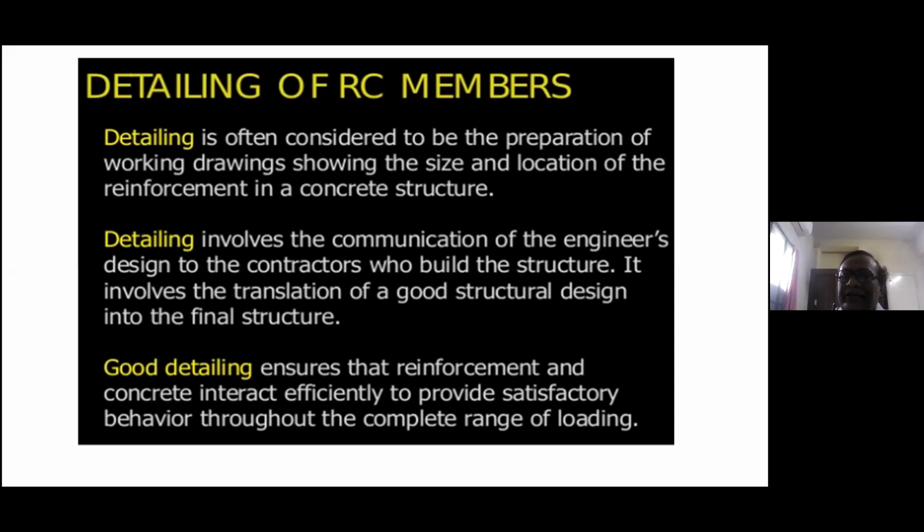That itself indicates the steel is capable of resisting compressive forces also. So steel is strong in resisting tension, and it is equally strong in resisting compressive force also.